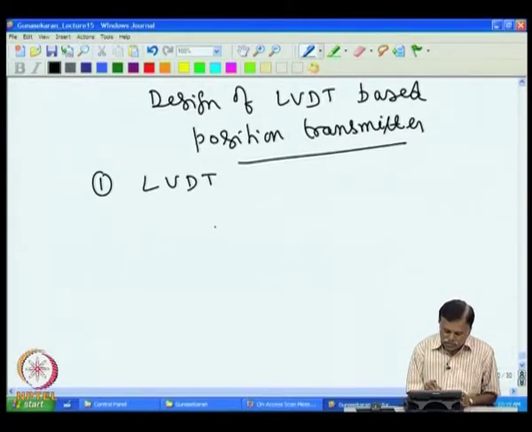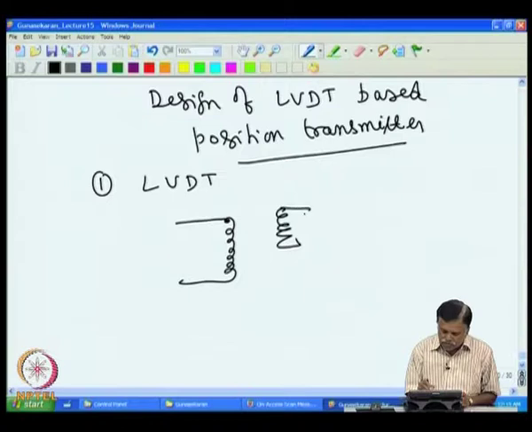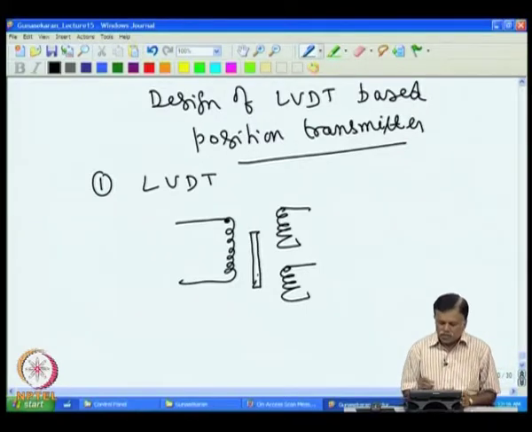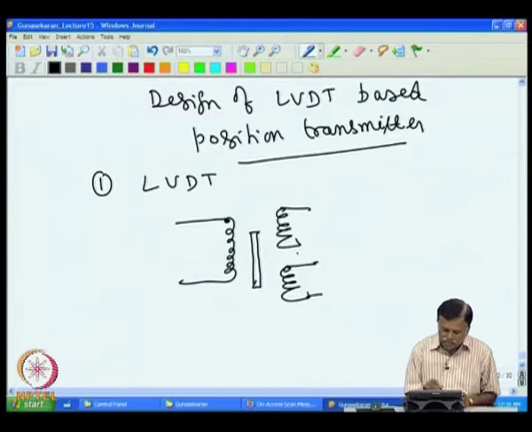It looks like this: you have a primary, and then you have two secondaries associated with that, and then you have a moving core. So, the idea is that if I energize the primary with AC voltage, then you will get a voltage V1 and V2.